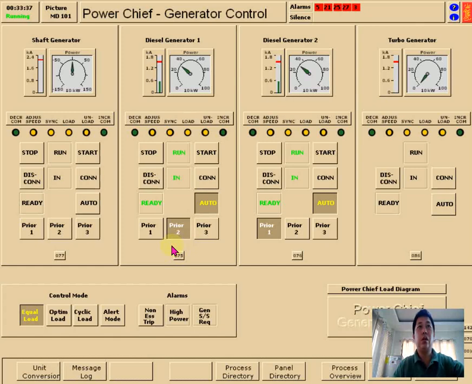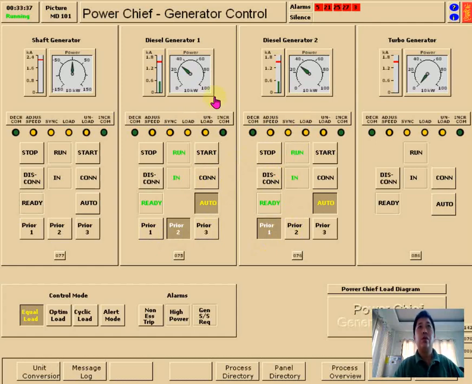I only tell you because I experienced this before. It will automatically start and automatically connect the breaker, and they will have equal load sharing.